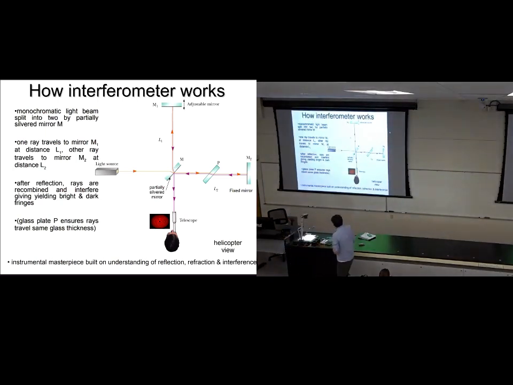So here is a view of the Michelson interferometer. This is a helicopter view of a Michelson interferometer. And then over here on the left-hand side, I'm just going to explain some details about how it exactly works. So here we are looking down on the interferometer. In the interferometer is a source of light.